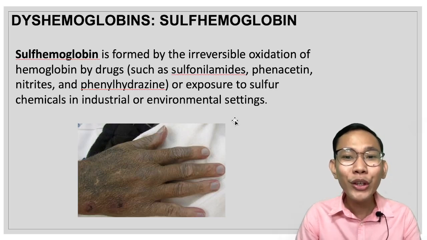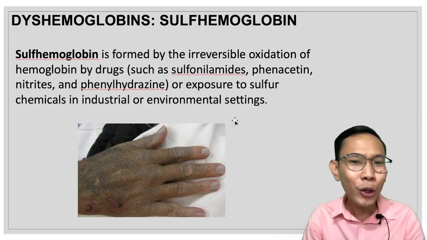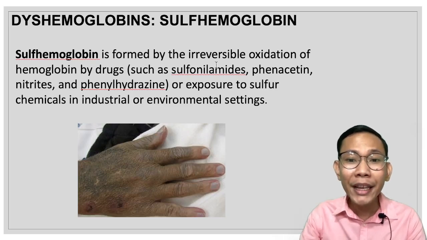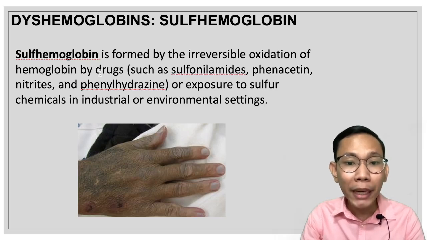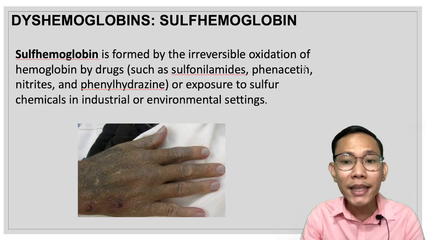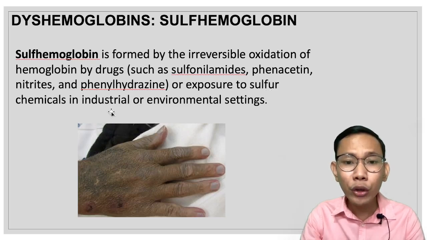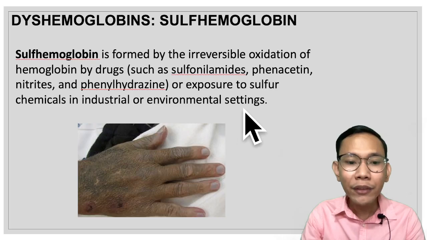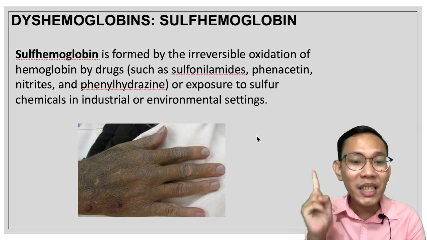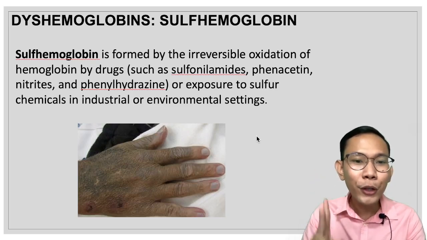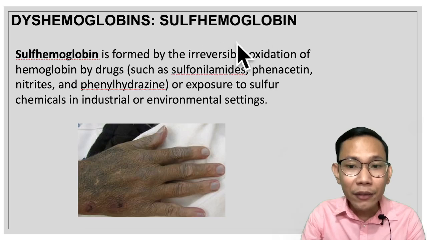Now, let's proceed with sulfhemoglobin. Sulfhemoglobin is formed by irreversible oxidation of hemoglobin by drugs such as sulfonamides, phenacetin, nitrates, and phenylhydrazine, or exposure to sulfur chemicals in industrial or environmental settings. Remember, methemoglobin is reversible, so therefore sulfhemoglobin is irreversible.